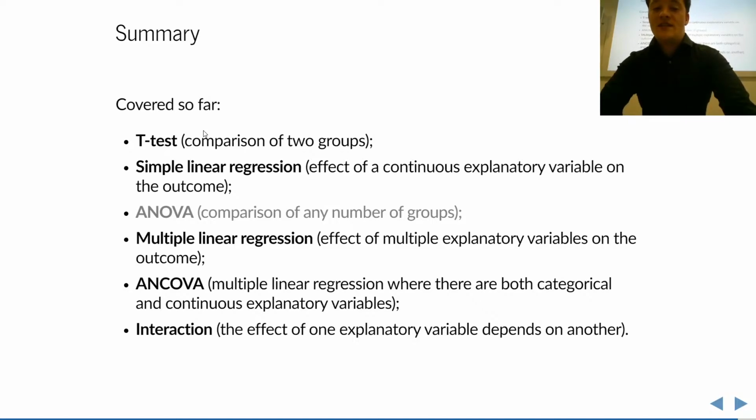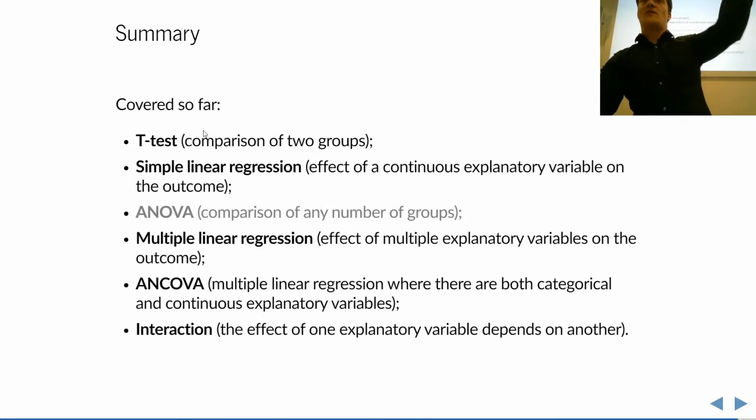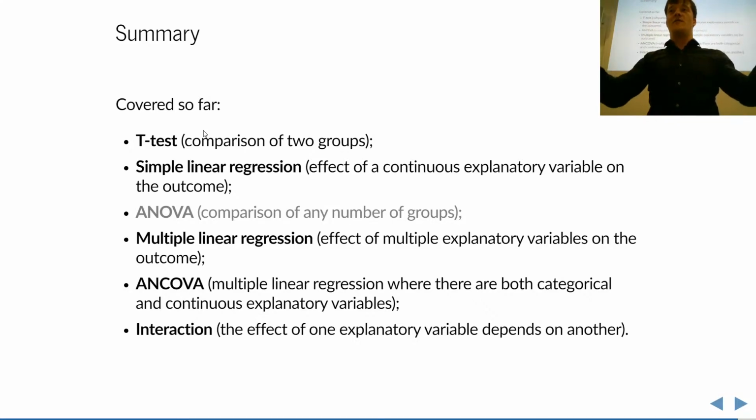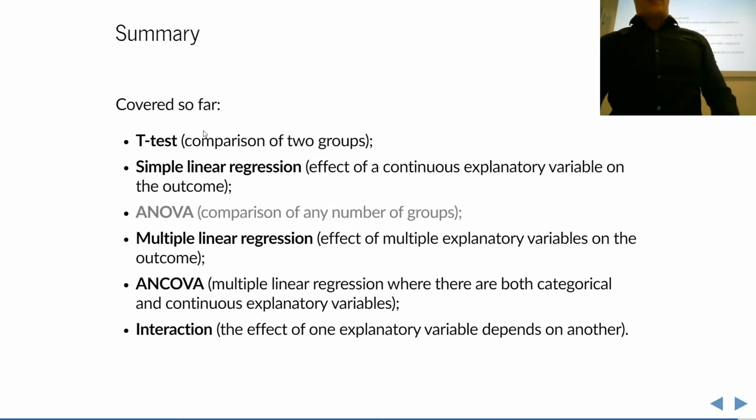How could I do a t-test with a linear model? Okay, so the answer is lm, response variable, and explanatory variable. But the explanatory variable is the grouping variable. So if I want to compare males and females in my t-test, then my explanatory variable is just a dummy variable that is equal to 0 for one of the two groups and equal to 1 for the other group. And that's simple linear regression.